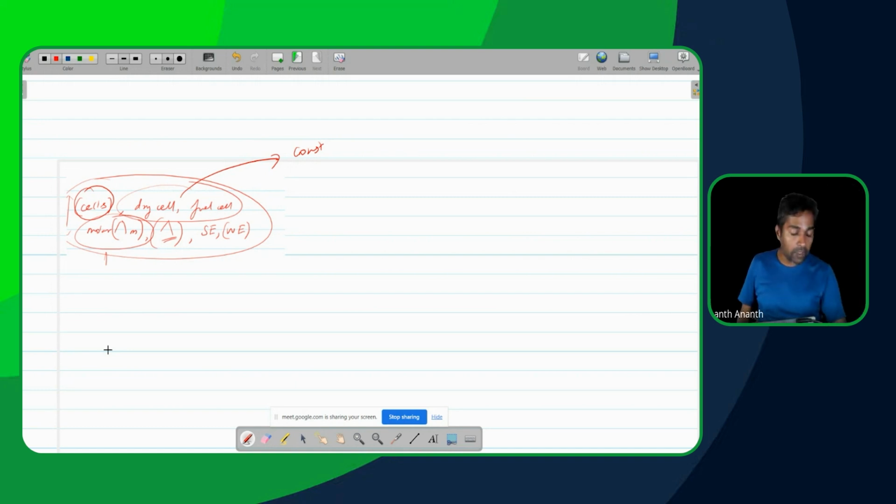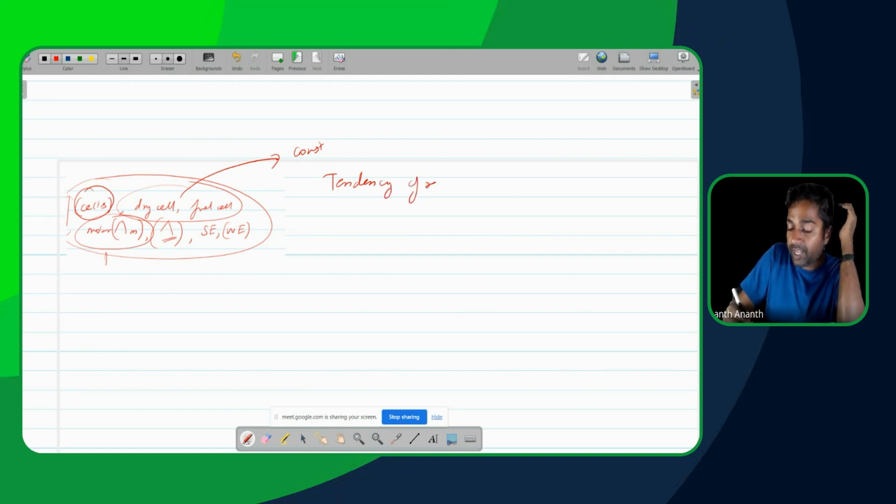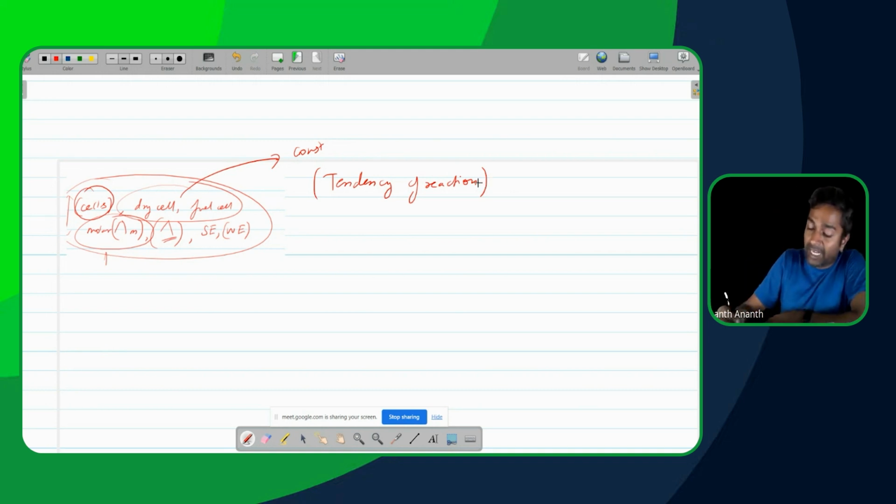So it also helps us connect to the other way of understanding the tendency of a reaction to happen. We started off with that only. Let me give you three different ways in which the tendency of a reaction to happen is measured or understood.